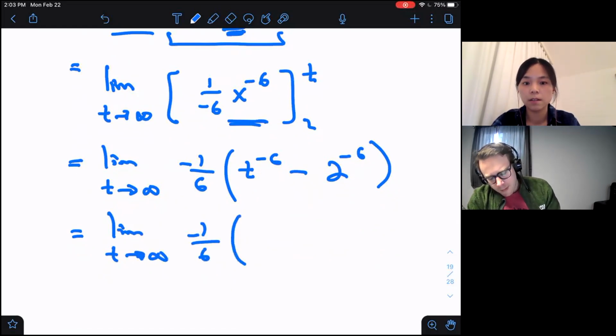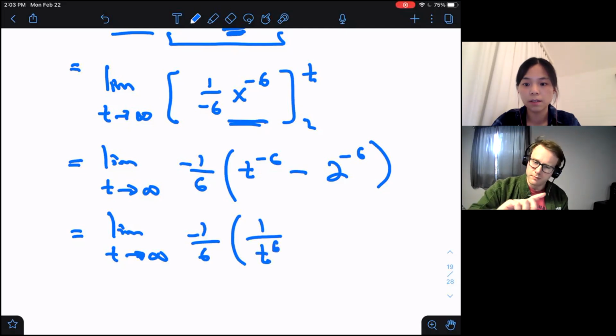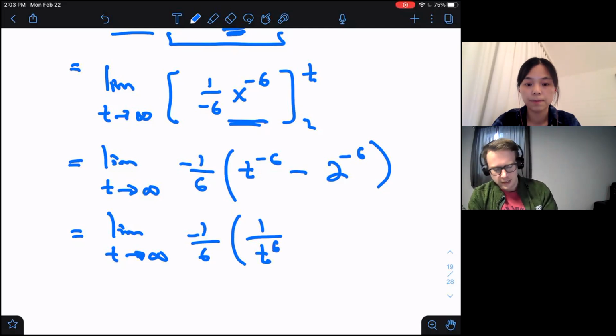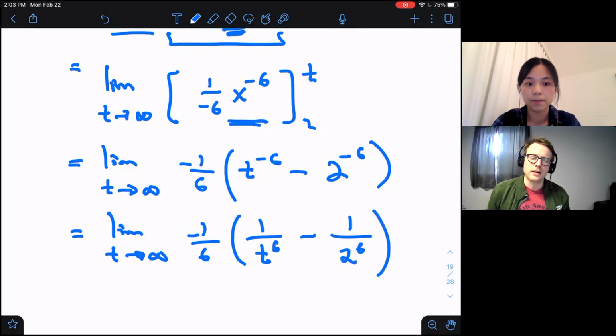Instead of t to the -6, this is 1 over t to the 6th power. I'm using that negative in order to apply the reciprocal here. So this becomes 1 over t to the 6th power, again some property of exponents. And then this likewise will be 1 over 2 to the 6th power.